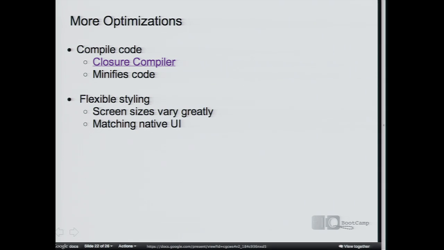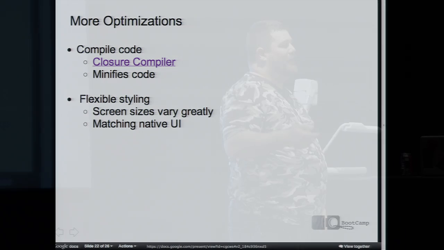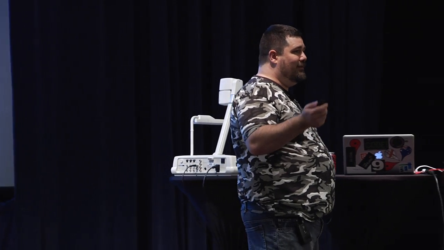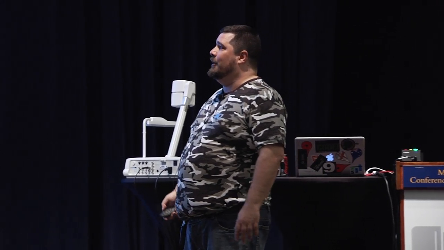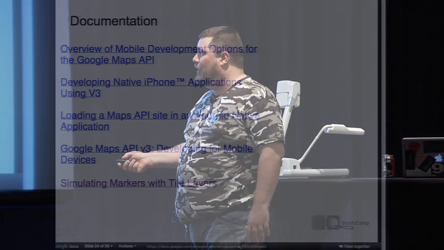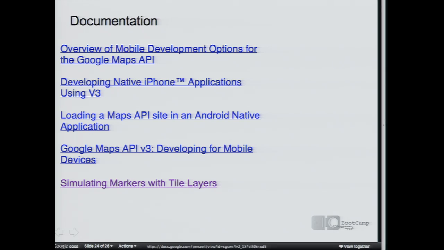There are some CSS libraries out there for actually matching the iOS screen representations. So I've got links in here to a number of articles and a video at the bottom for doing these kinds of optimizations and developing for mobile devices using Google Maps API.